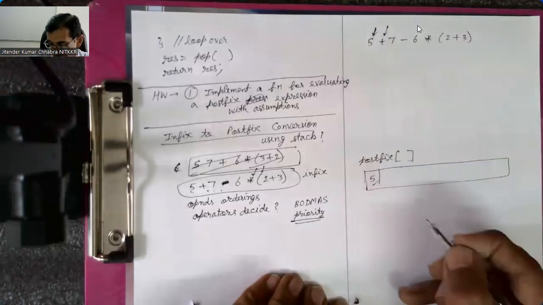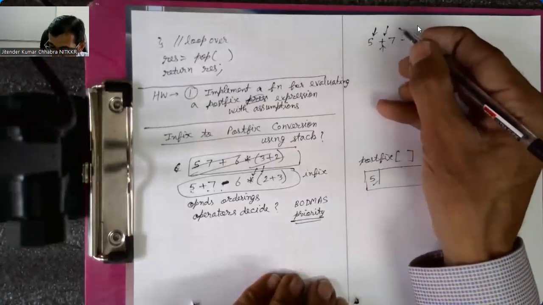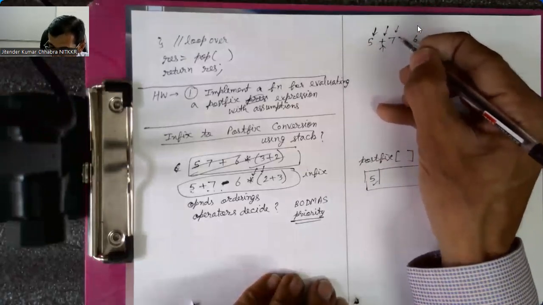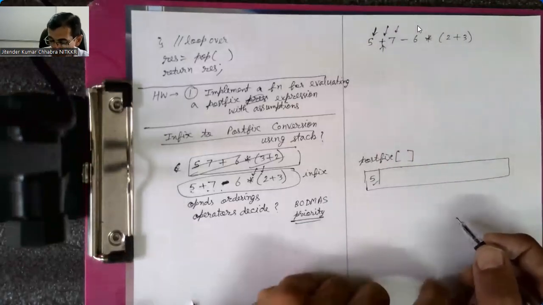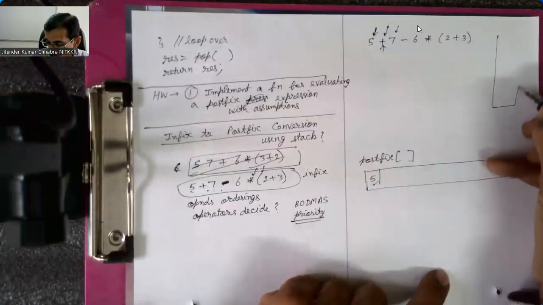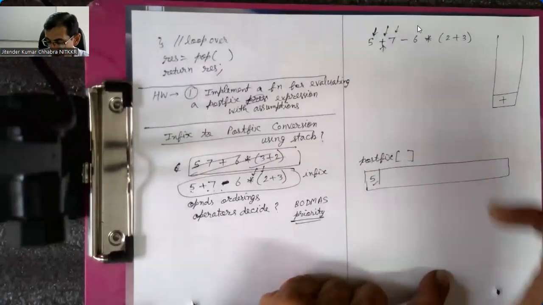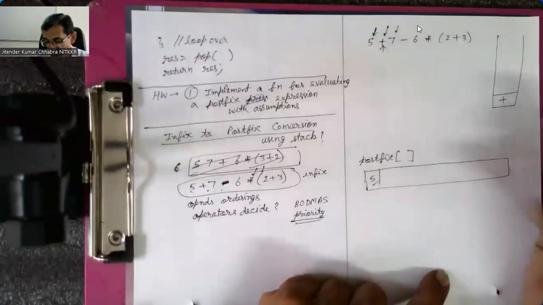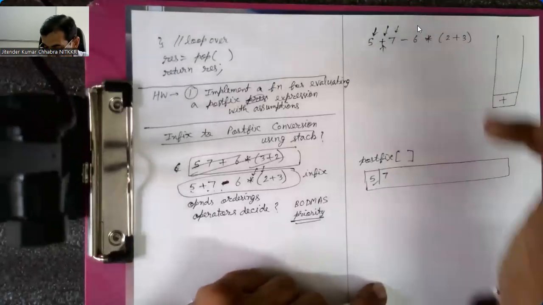Then comes plus. Plus is an operator, and an operator requires both operands before getting into the postfix expression. So any time an operator comes, the current operator is guaranteed to go into the stack. Plus goes into the stack because the stack is initially empty, so no decision is needed. Then comes a 7, done.